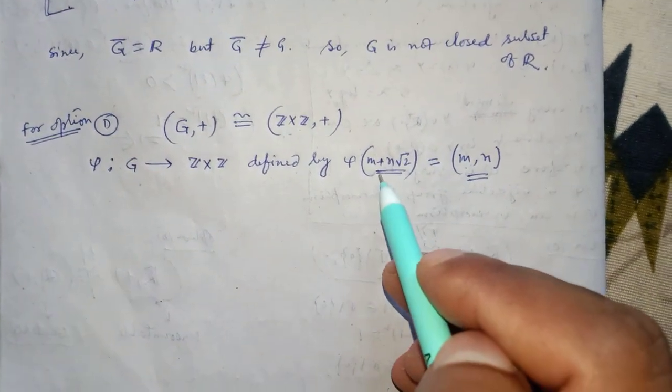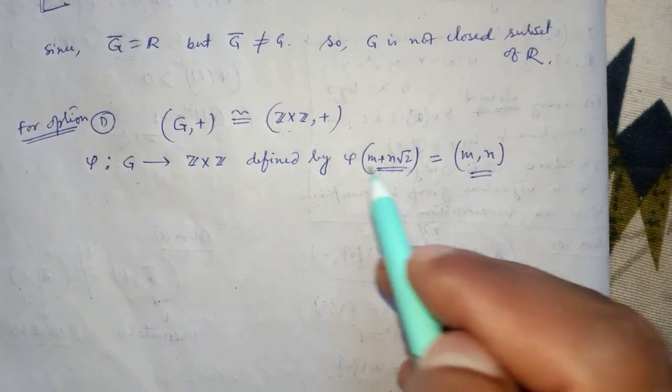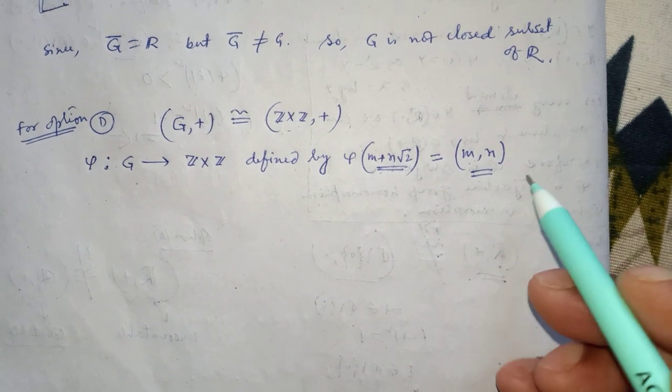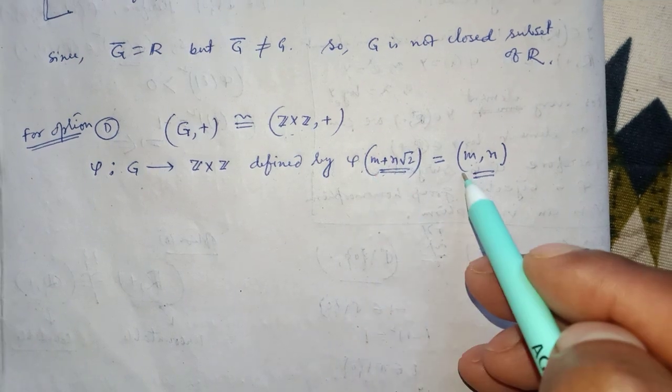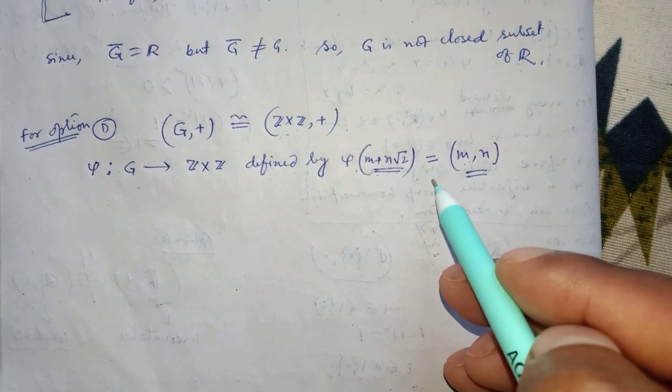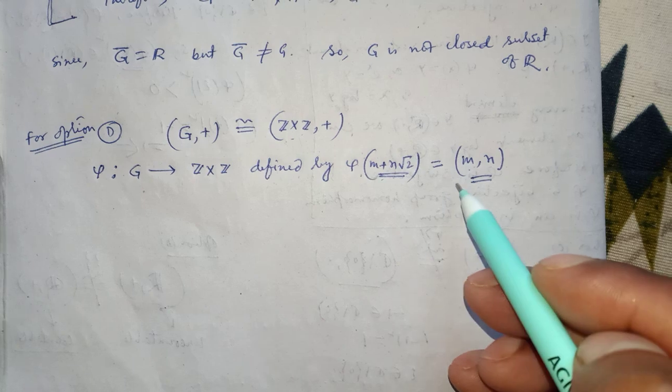Now we prove phi is defined as a homomorphism and it is injective and surjective. That means it is a bijective homomorphism and therefore it is an isomorphism.